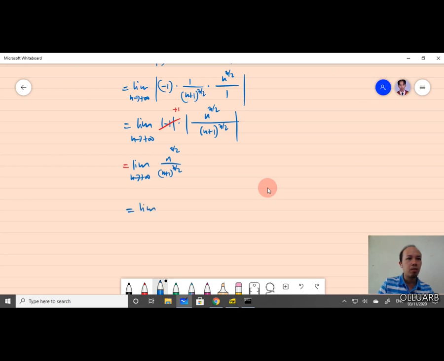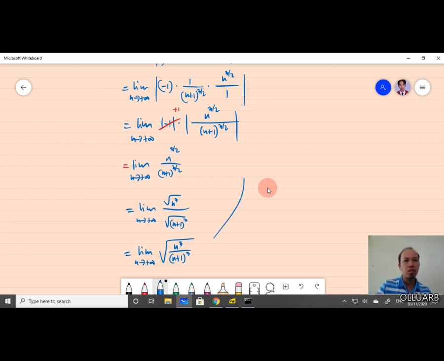This is always positive. So let's simplify this further. This will become the square root of n cubed over the square root of n plus 1 cubed as n approaches positive infinity. And then finally we can combine the numerator and denominator.